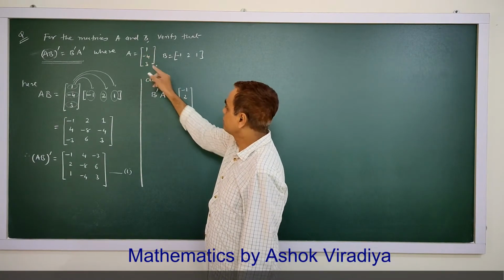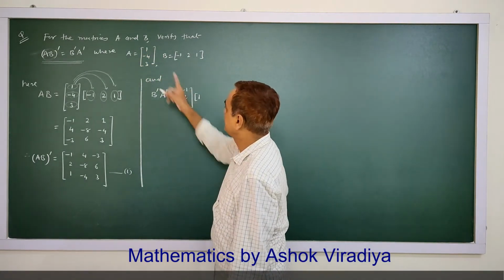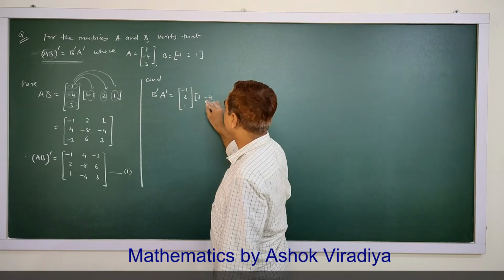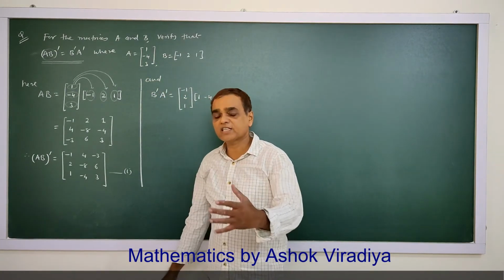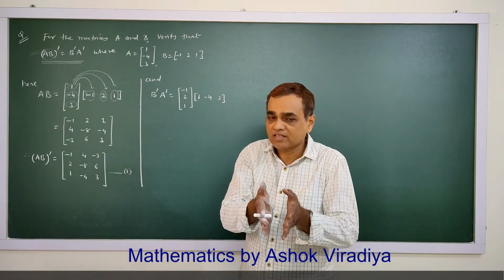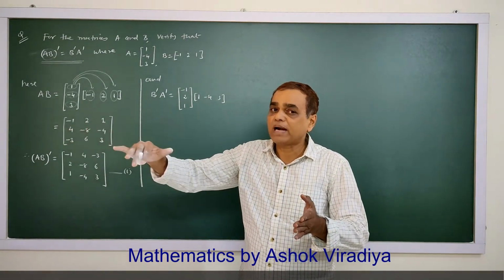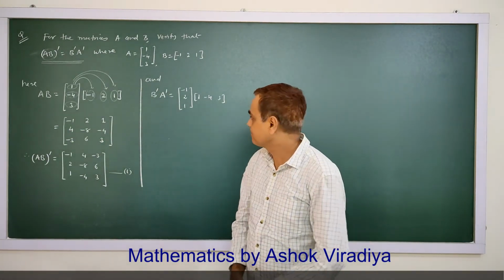See, 3 rows, we convert into 3 columns. So first row is first column, second row is second column, third row is third column. Taking transpose of a row matrix, it is converted into column matrix. And taking transpose of a column matrix, it will be converted into row matrix.